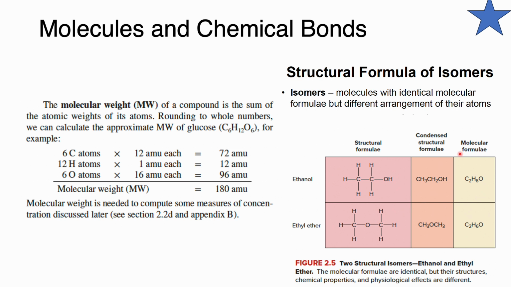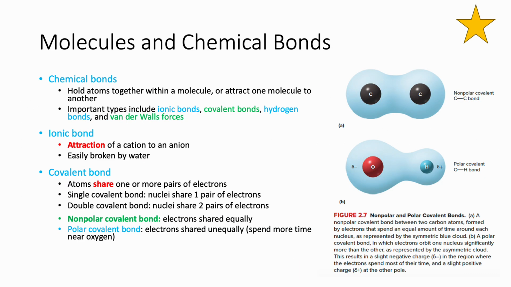So same molecular formula, but different arrangement of our atoms, different structural formula. That is what makes ethanol and ethyl ether isomers of each other. We need to know what an isomer is.